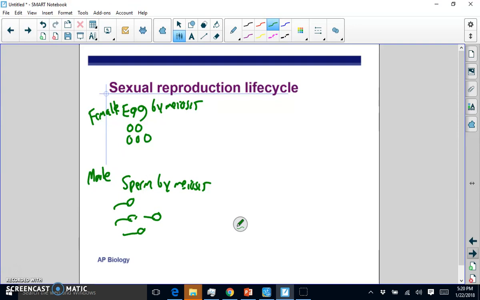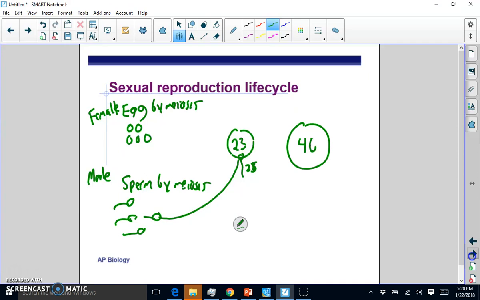Now, what happens is somehow, I'll leave that up to your imagination, an egg, again, remember the egg has 23 chromosomes, gets fertilized by one sperm, that also has 23 chromosomes, and then we recreate a cell with 46 chromosomes. We've learned already when we were learning development that this cell is called a zygote.